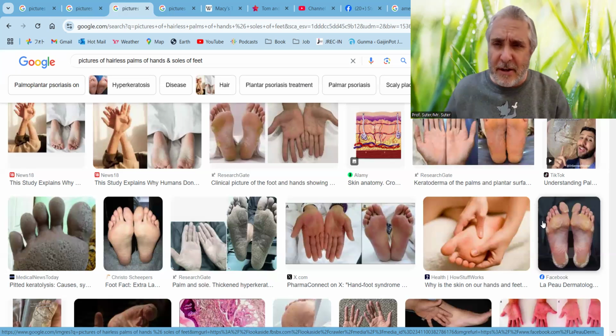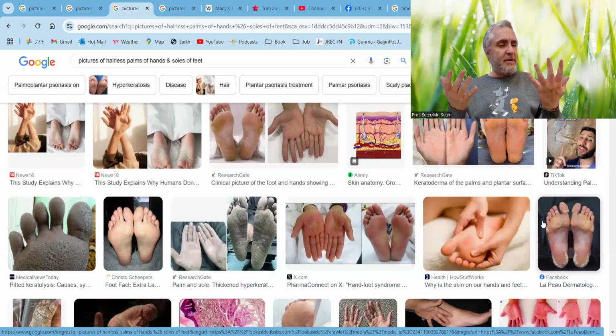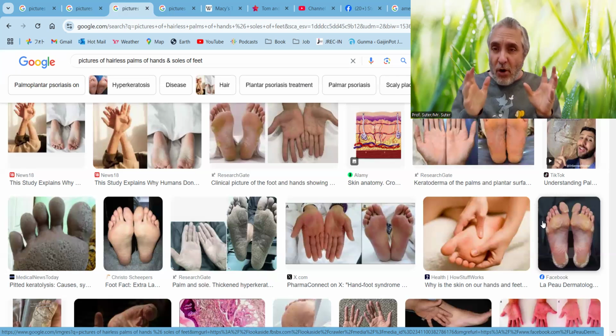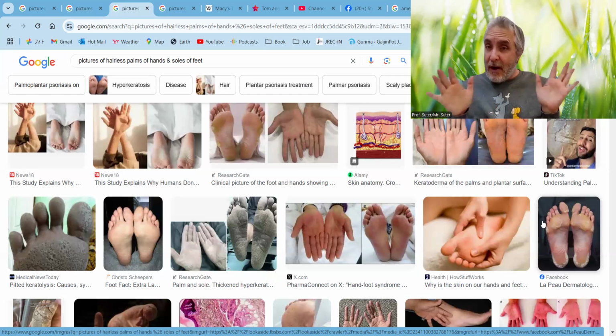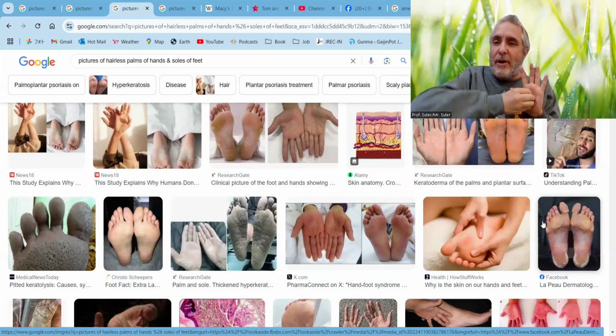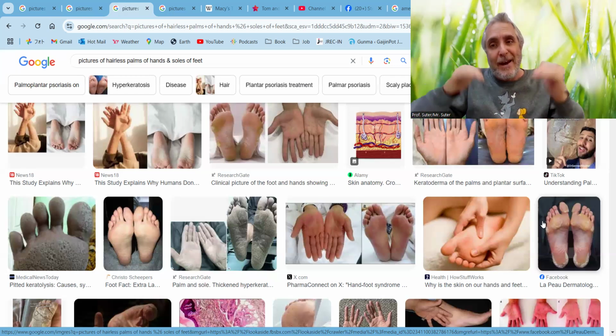So grip and dexterity. The second one is thermoregulation. You might notice this, me especially, that my hands and my feet are really cold. Even inside the covers, inside the bed, my hands and feet are always cold. Thermoregulation means to regulate.